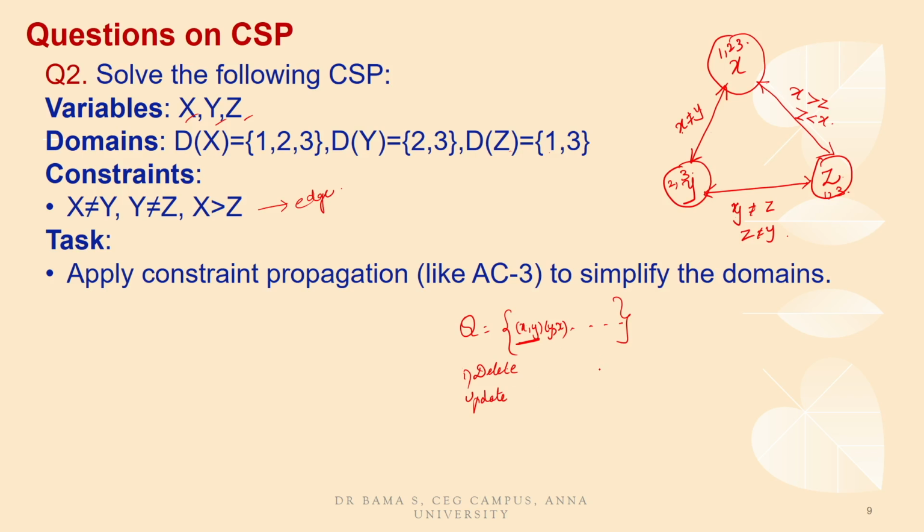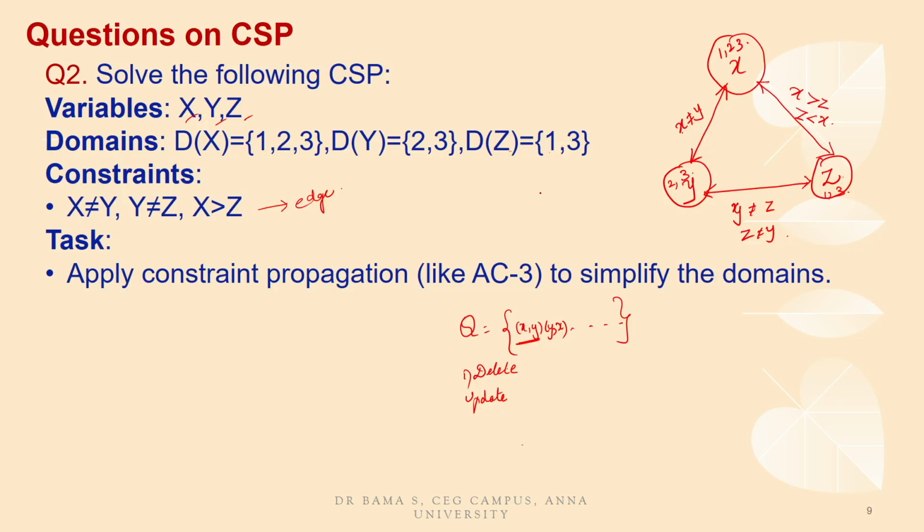Whichever node gets updated, the incident nodes on it should be added back to the queue. You can refer back to the previous session of how we did the AC3 algorithm for a problem. The same method you can use to arrive at the answer.